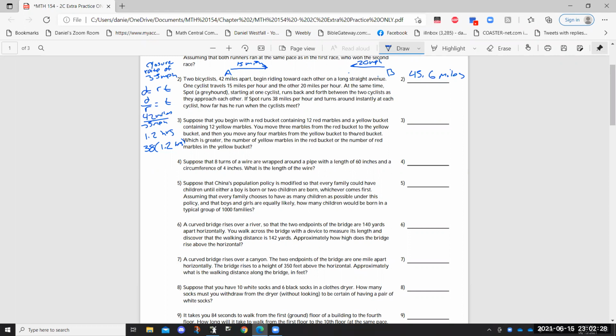And so this idea here, draw a picture for yourself if you need to, but they explain this really well in the book with pictures, that you have a red bucket containing 12 red marbles. So imagine this is like the red paint that we were talking about, in a yellow bucket with 12 yellow marbles. You have the same amount of paint or same amount of marbles in each bucket here.